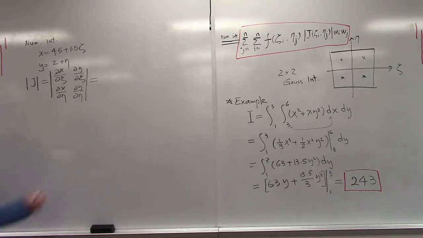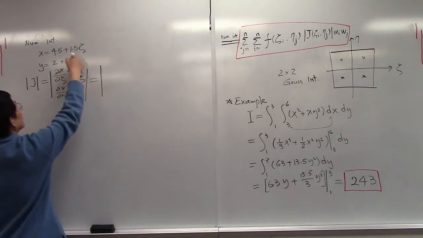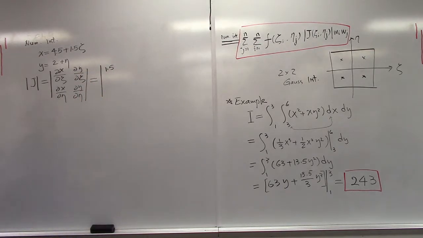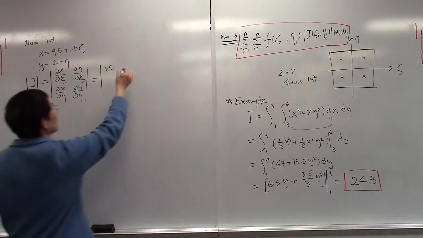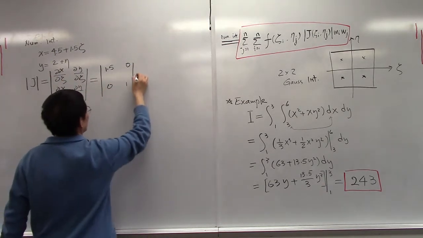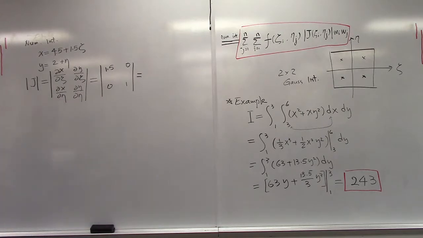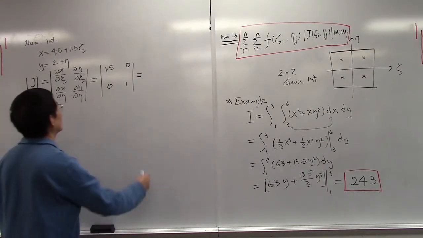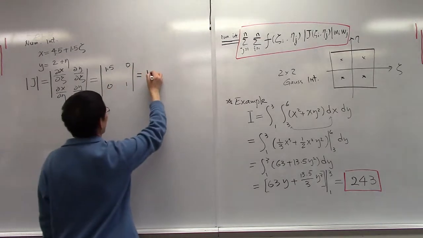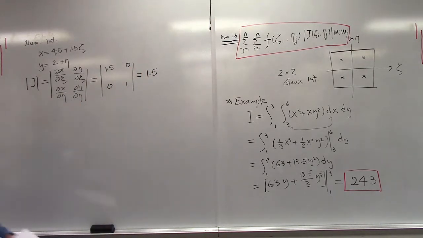I put that in. This will be 1.5. Here y is independent of theta, so this is 0, this is 0, this will be 1. So that's a very simple determinant to evaluate. Just this times that minus this times that. It's 1.5.